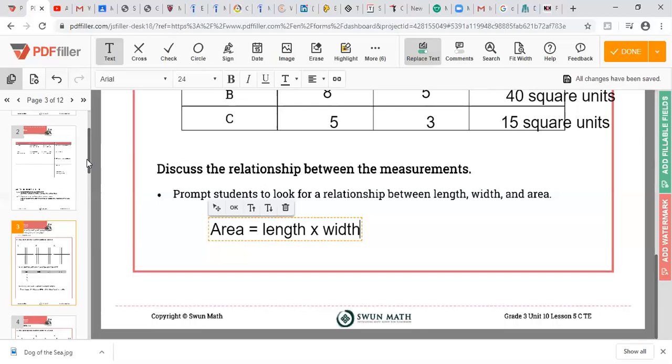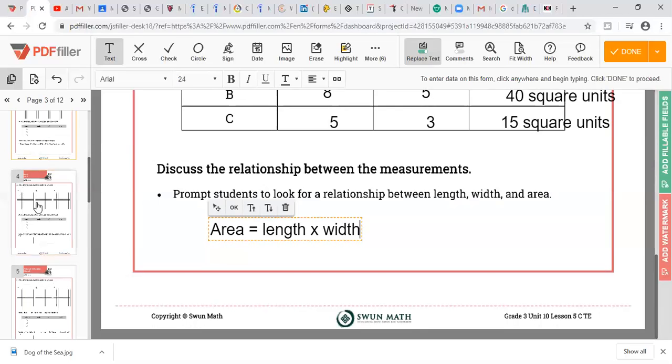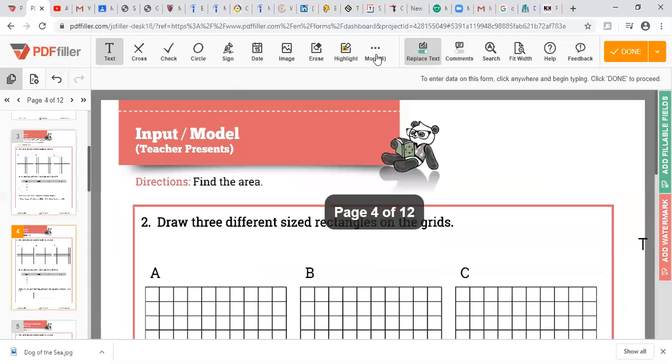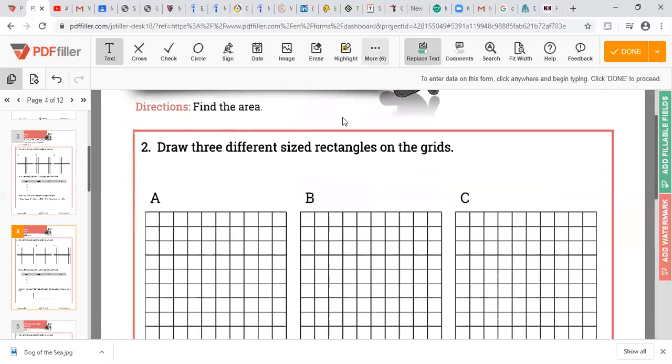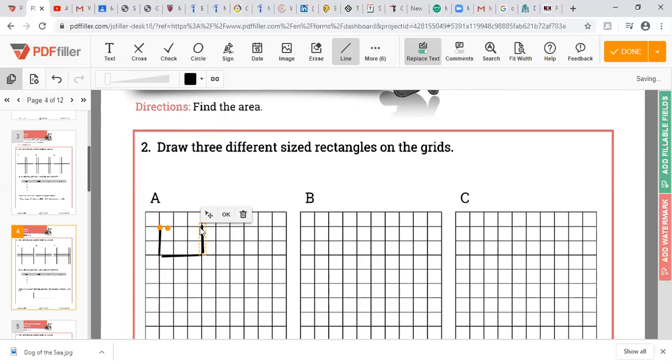In this lesson, boys and girls, you're basically going to be doing the same thing that I just did. You're going to be creating your own rectangles. Do it again. Draw 3 different size rectangles. All right, there's one.